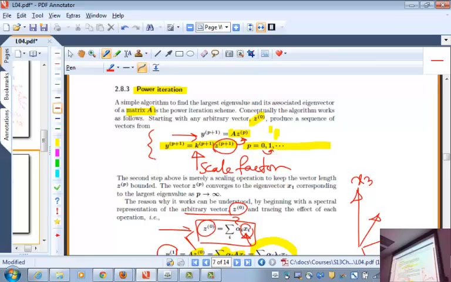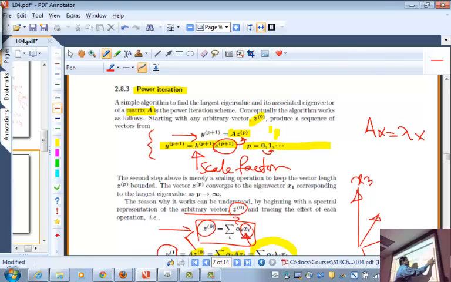The variation on that question would be, okay, if I apply this procedure, I'm going to get a vector, and that vector is going to be pointing in the direction of the largest eigenvector. How do I get the eigenvalue itself? There is something called a Rayleigh quotient, which will allow you to calculate that, and that is simply coming from this equation: Ax equals lambda x.